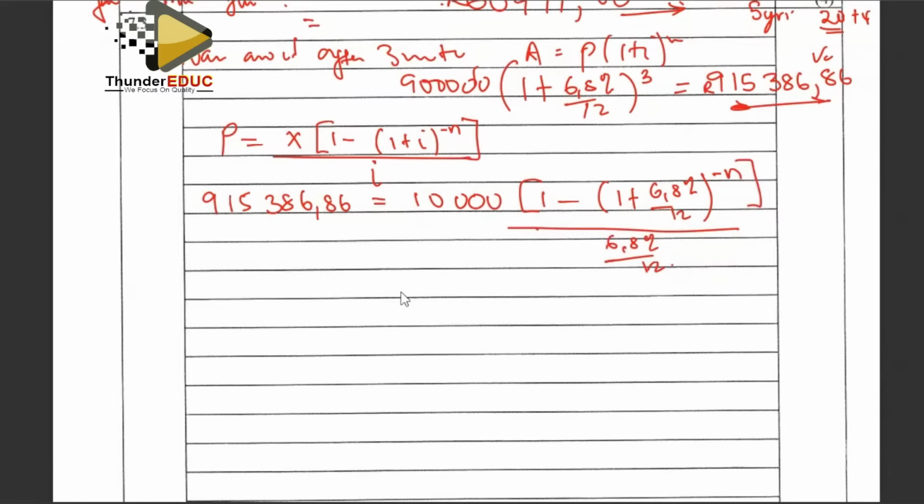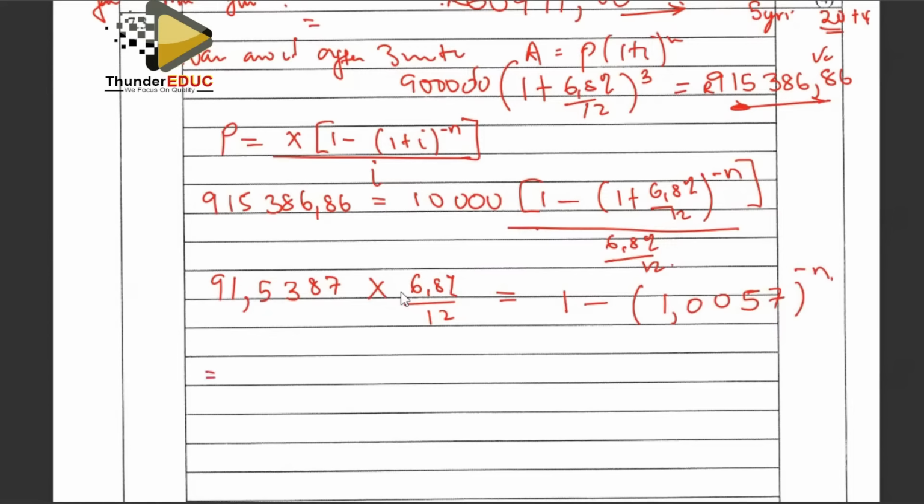You can start by dividing both sides by the 10,000, meaning that we're going to have 91.5387. And then I'm going to multiply it by the 6.8% over 12, which should give me 1 minus. When I simplify that bracket of the 1 plus 6.8% over 12, I'm getting 1.0057. Let me leave it at that.